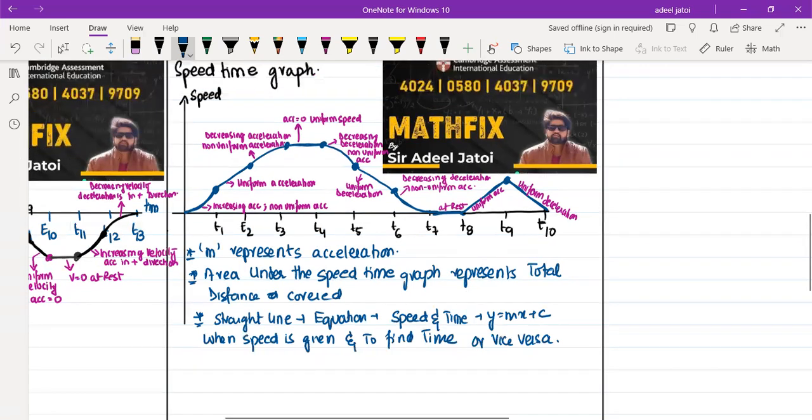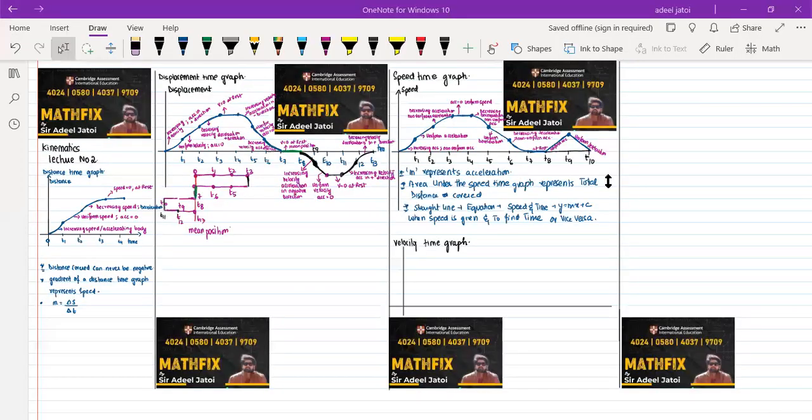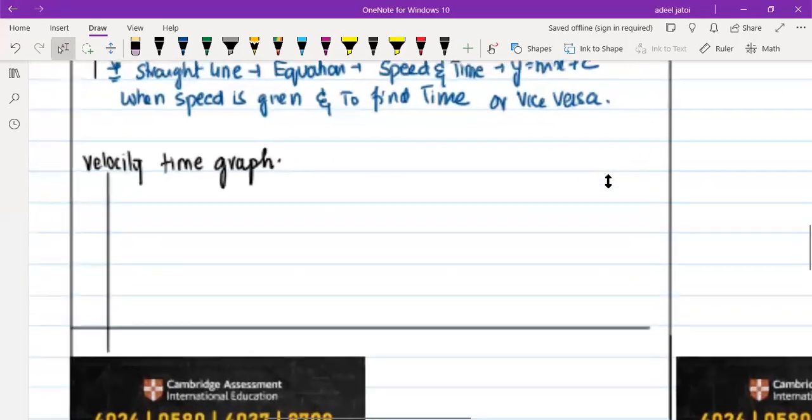So this is your speed-time graph. Okay, the velocity-time graph.